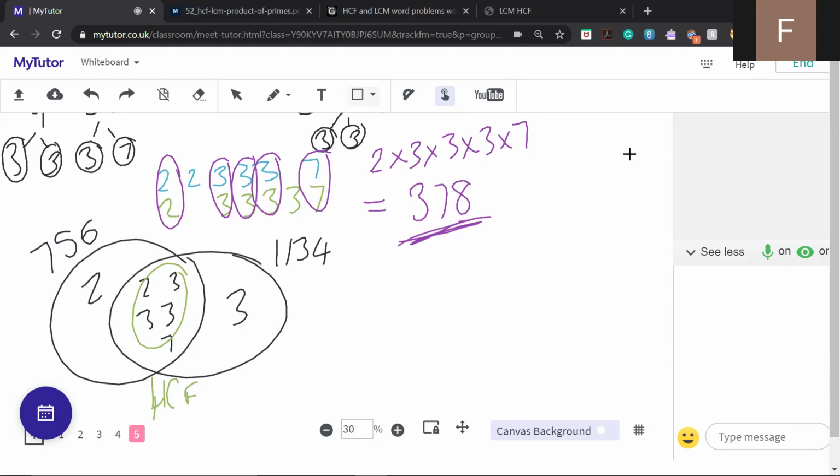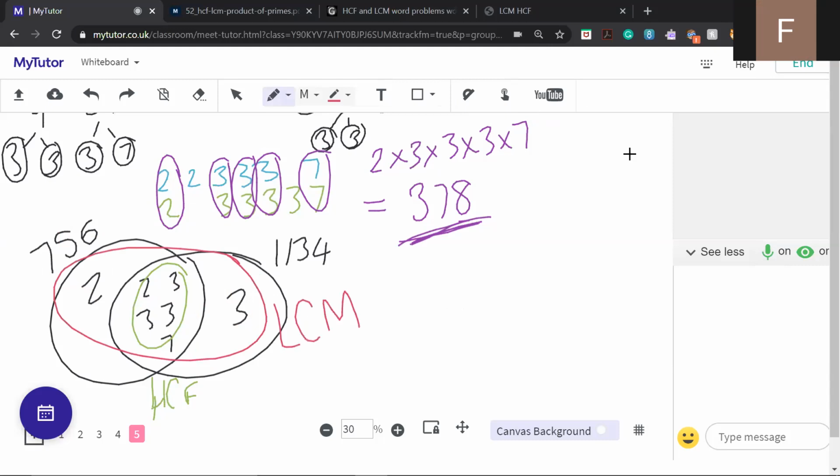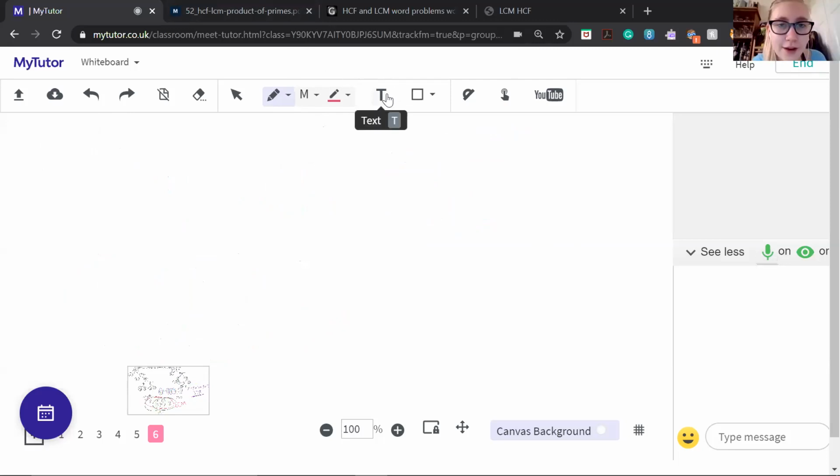There's also another question that just wants a quick summary of the definition for lowest common multiple, like just a quick meaning. Sure, I'll give you the definition for both of them, so that you have them both if you want to write them down.